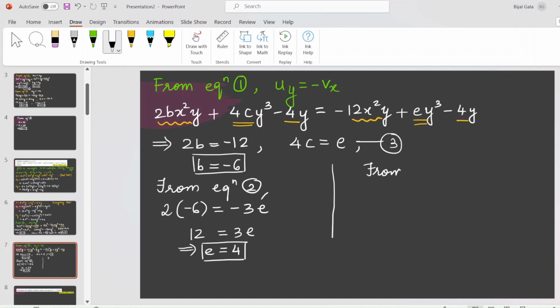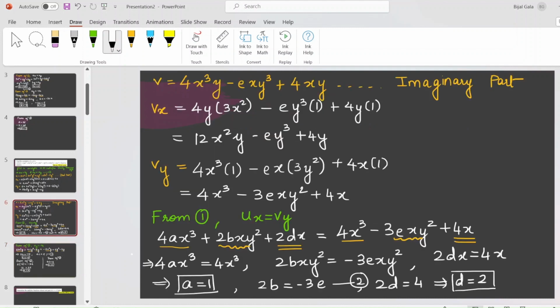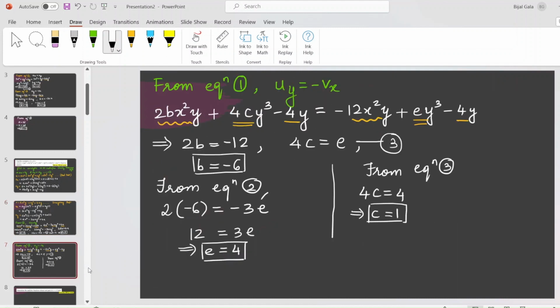So from equation 3, 4c is 4. We are replacing e there. So this implies c is 1. So let's observe, we found a and d here, b, c and e over here.